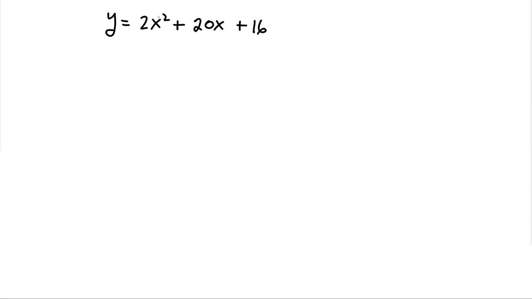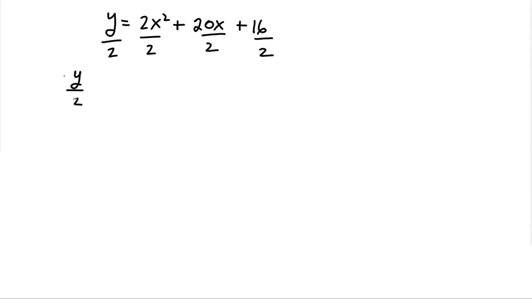Now, this one has a leading coefficient. So the first thing I need to do is divide that out. I've got to get rid of it because I can't do this process with it there. So I'm going to take every single term and divide it by 2. Everything gets divided by 2. On this side, y over 2 is just y over 2.